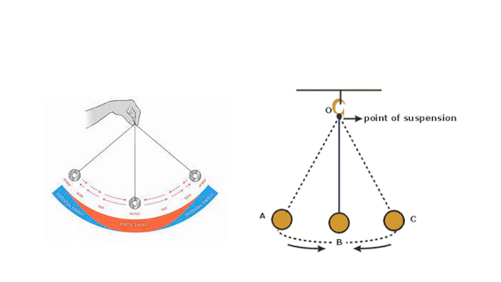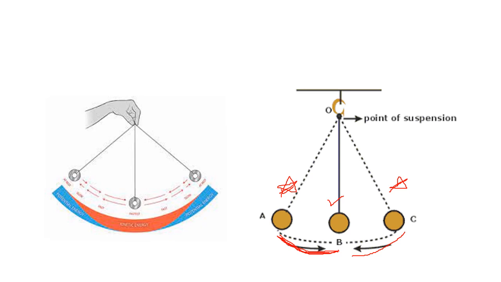B is the original position, and the maximum distance it travels is to A and to C. So from the central position, whatever is the maximum distance that it covers, in this case BA is the amplitude and BC is the amplitude.